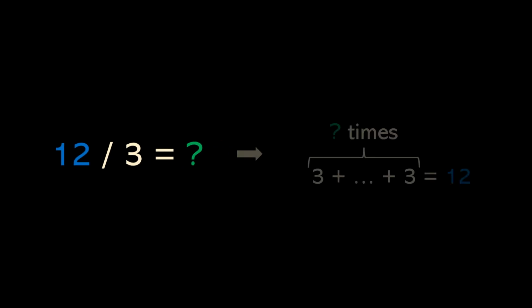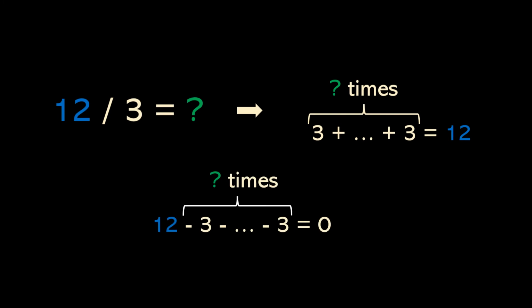When we want to divide a number like 12 by 3, we're basically asking how many 3's are in 12, or in other words, how many 3's should we add up to get 12? One of the simplest ways to answer this question is to count how many times we can subtract 3 from 12.